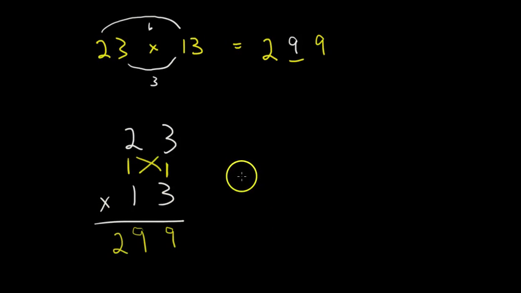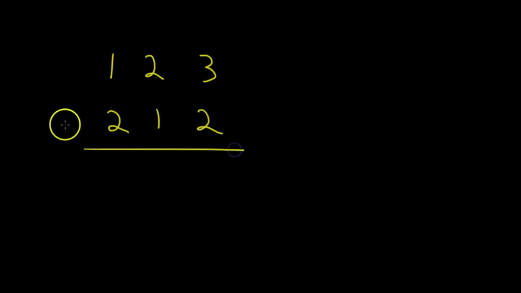And this process works not only for two-digit numbers, but for three-digit numbers as well. So if I take a number, let's see, 123, and we'll make the other number small, 212, and we multiply these. So what I'm doing is taking this first set.